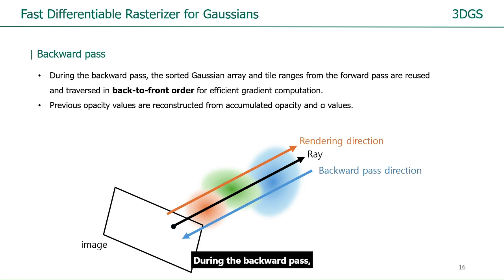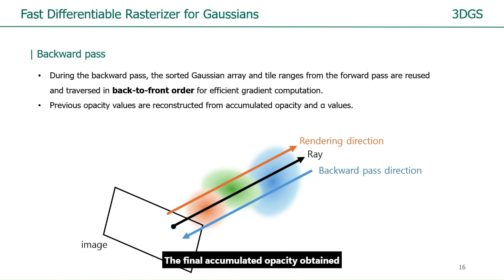During the backward pass, the Gaussians that actually contributed to each pixel color in the forward pass are revisited and identified. To achieve this, the sorted Gaussian array and tile ranges used in the forward pass are reused, and the Gaussians are traversed in back-to-front order to facilitate gradient computation.